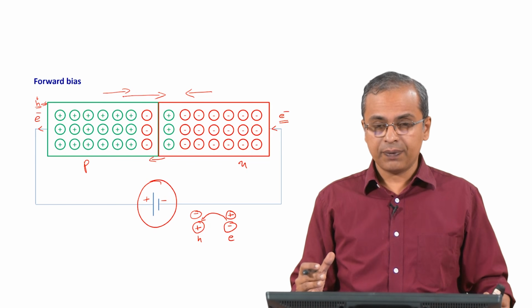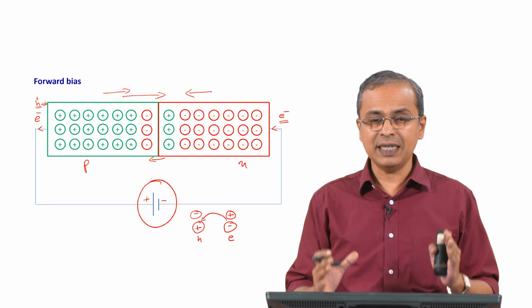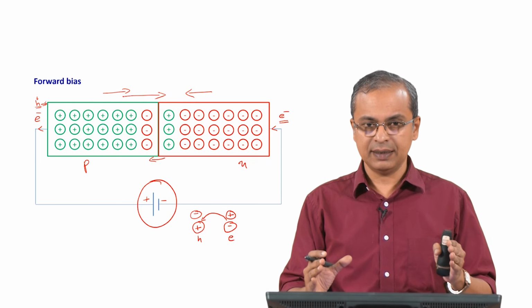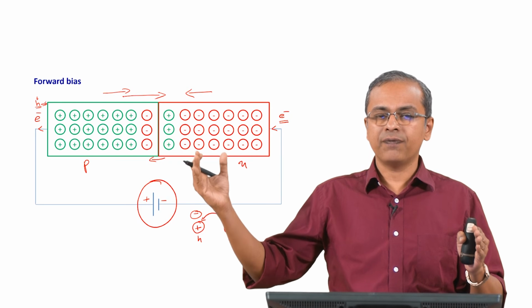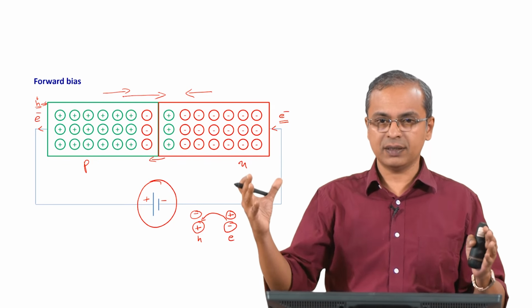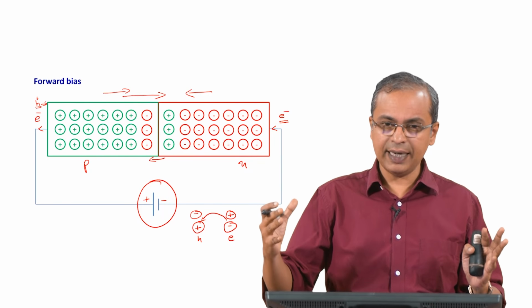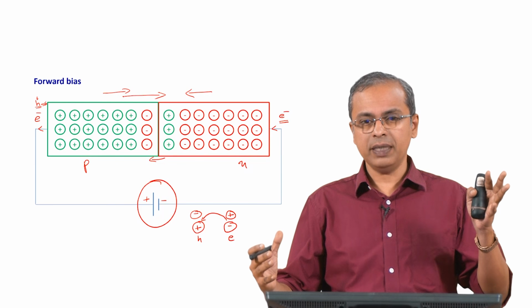The point that I am trying to make is that when we say a PN junction is in forward bias, it basically means we have additional electrons from an external circuit or from anywhere appearing on the N side, and additional holes appearing on the P side.